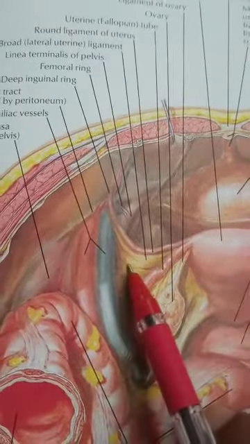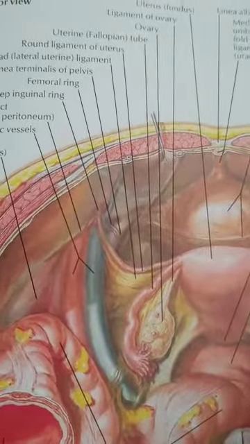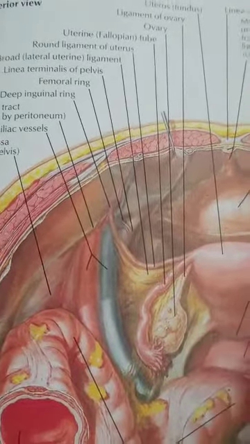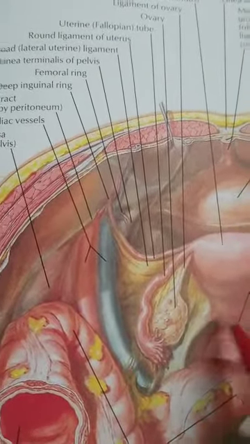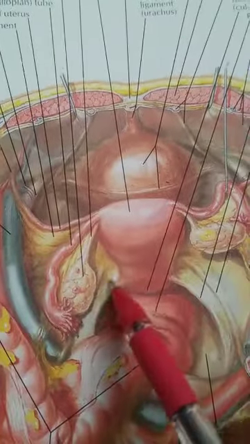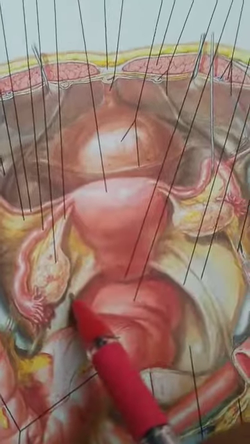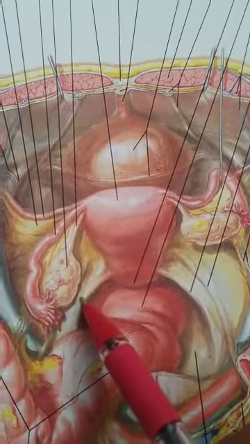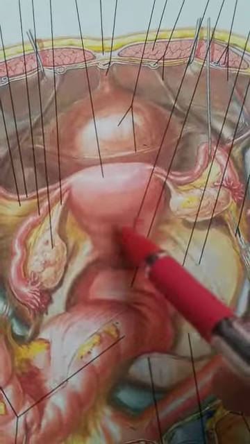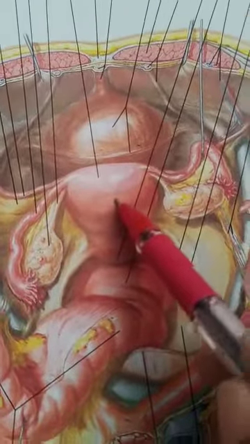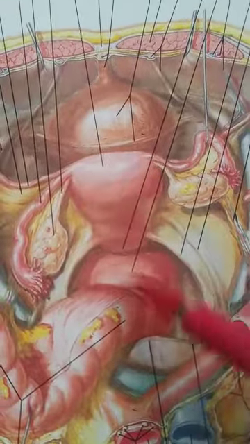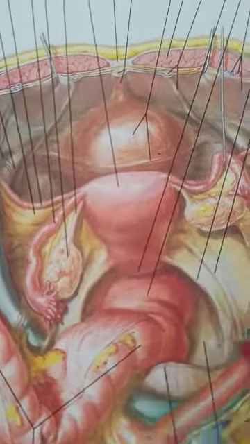On either side of the cervix we see the transverse cervical ligaments. Then the uterosacral ligament, the ligament between the uterus and the sacrum, which is going backward.